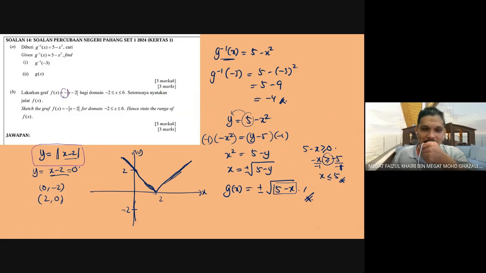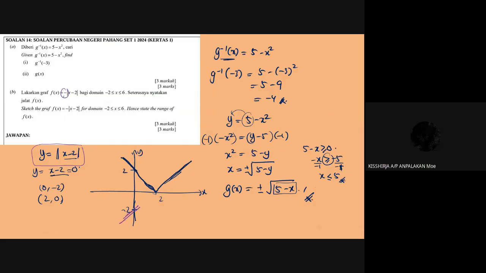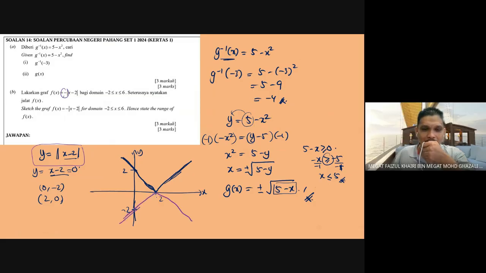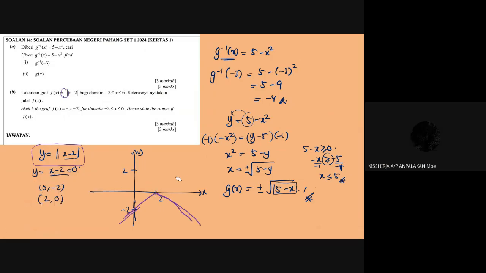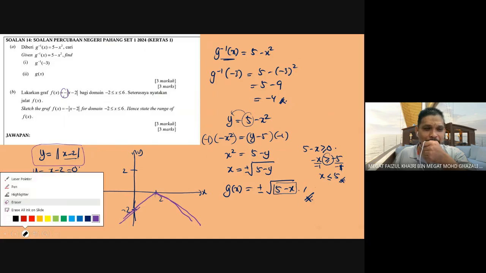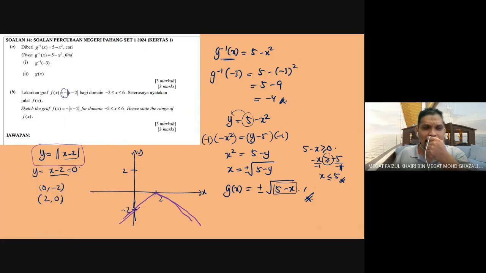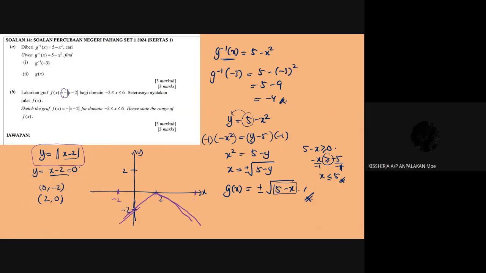So this graph reflects downward. What's going to happen to the graph above? Clear it up. There you go. So the domain is from -2 until 6.